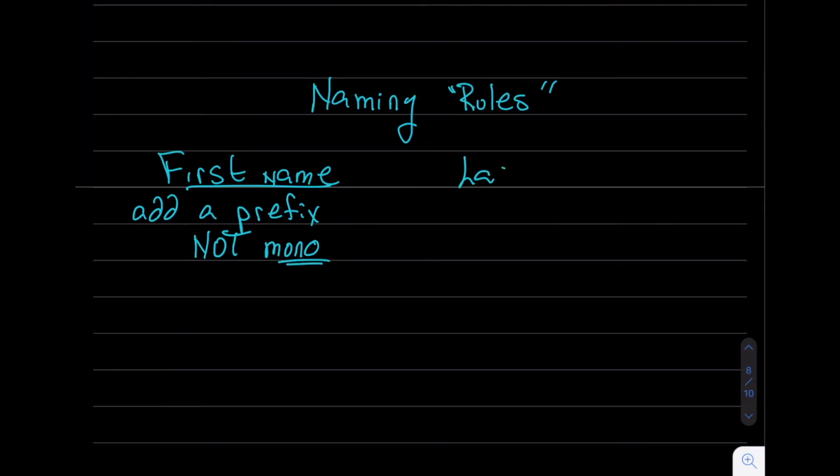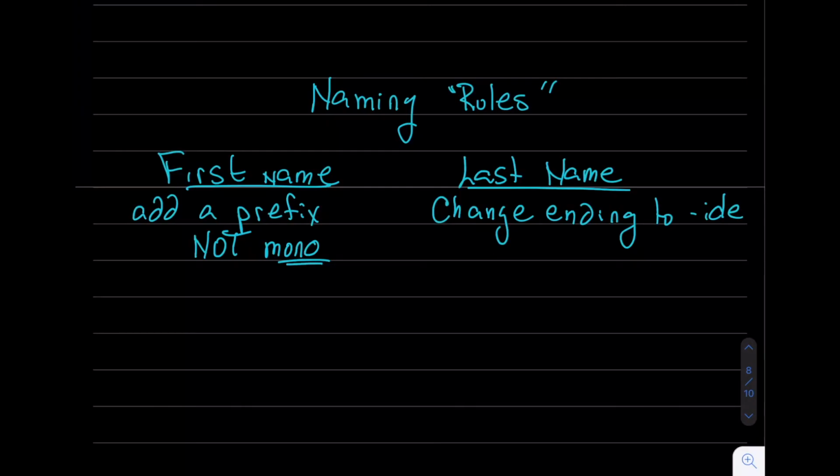For the last name, you change the ending to -ide, and you add a prefix, including mono.